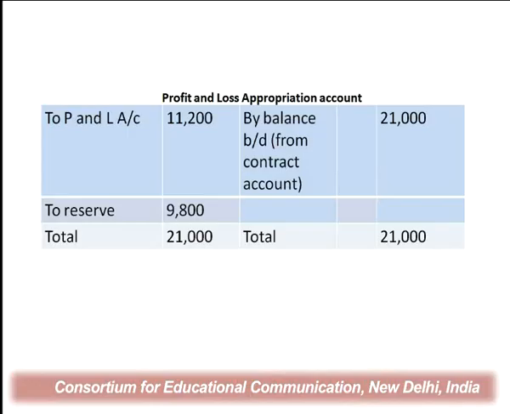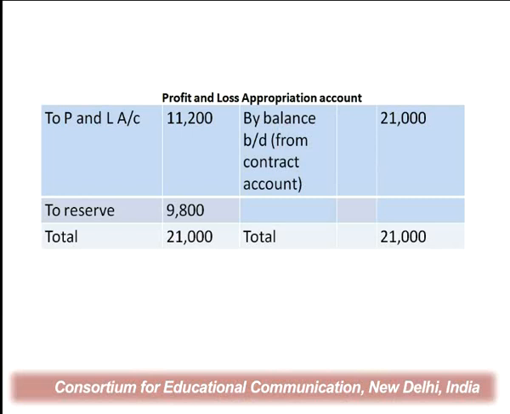Now the question is, out of this 21,000 rupees, what amount will be transferred to the profit and loss account? As I said, if the work completed is 50% or more, up to 90%, we calculate 2/3 of the profit, right?